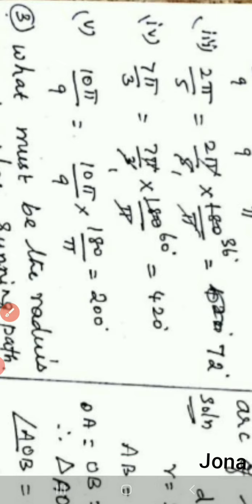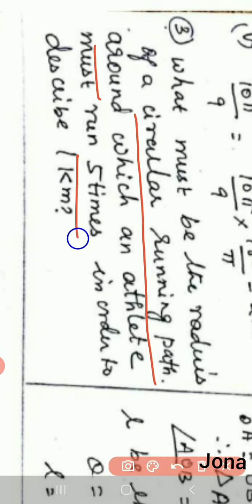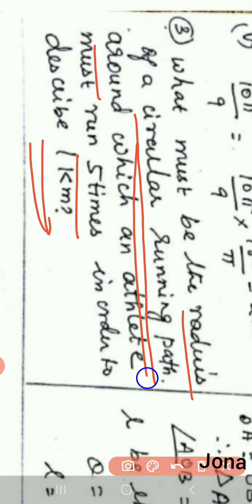Third problem: what must be the radius of a circular running path around which an athlete must run 5 times in order to describe 1 kilometer?